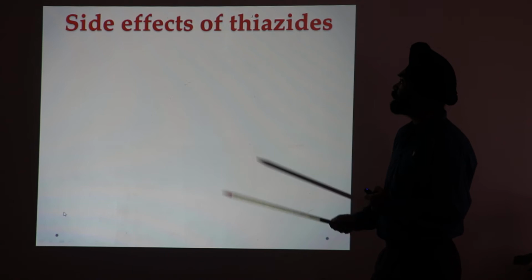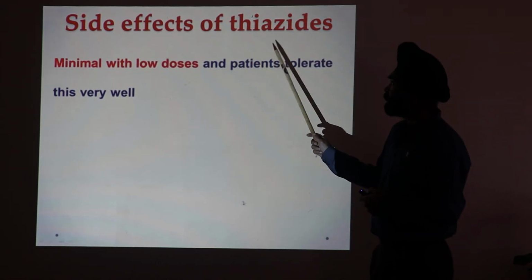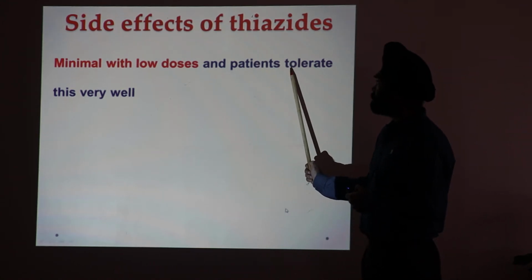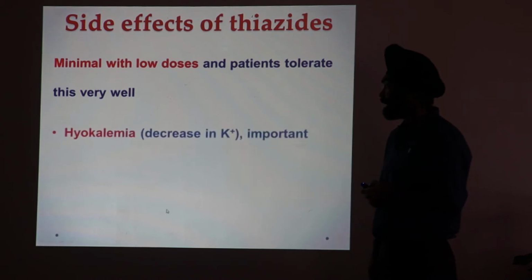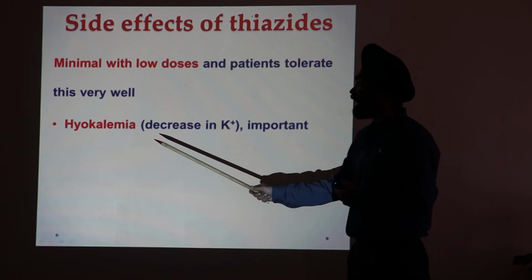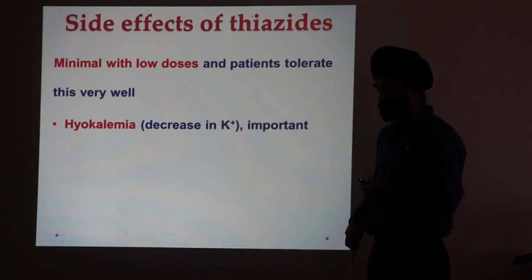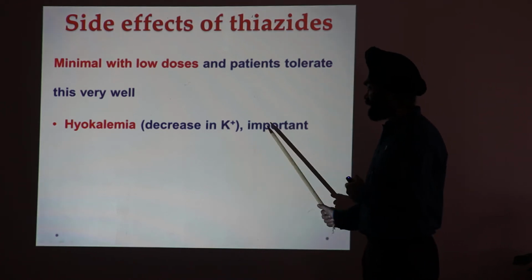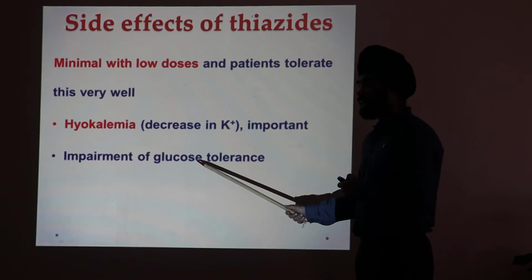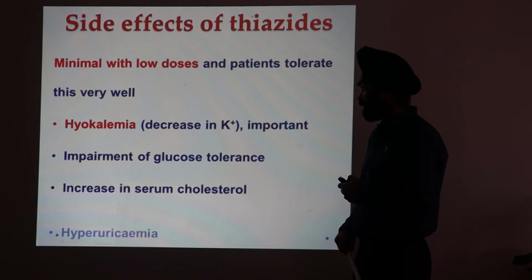Now, side effects of thiazides. Because of the low dose of the thiazides, patients tolerate the drug in a better manner. But whatever side effect is there, that is the hypokalemia. They reduce the potassium levels. They decrease the potassium level, that is very important. Ultimately they also cause impairment in the glucose tolerance.